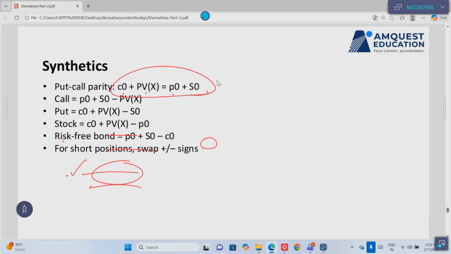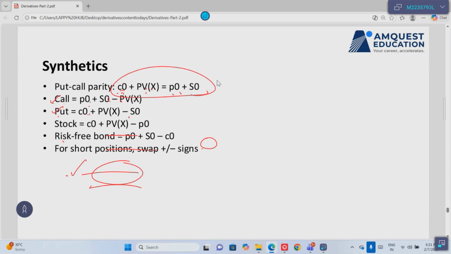What is call? Which means call price, so take that to the other side. Call price equals P plus S minus PVX, or put price equals C plus PVX minus S. Got it? So I can help you find the call price using the put price, or the put price using the call price. Clear?